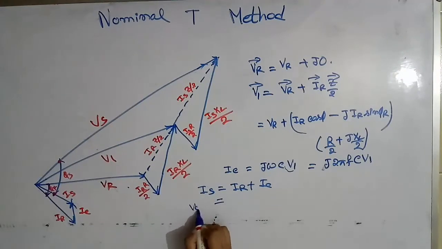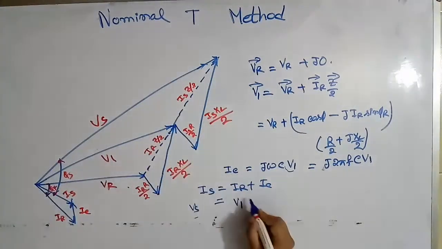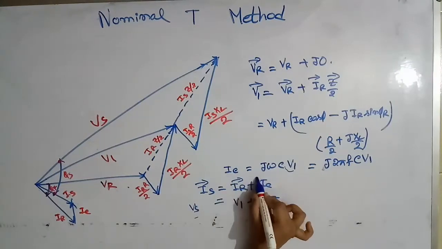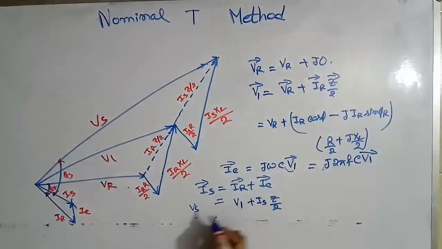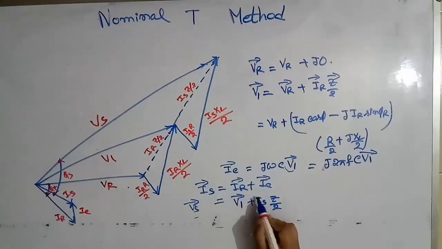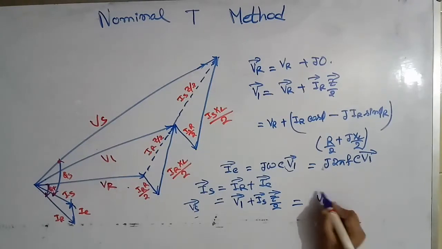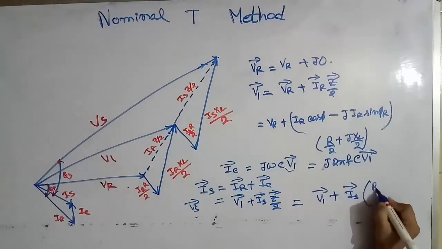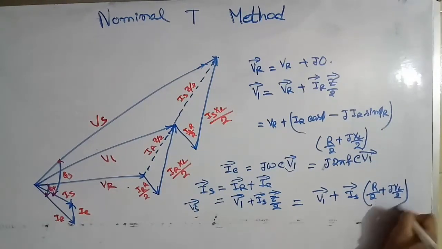And sending end voltage Vs equals V1 plus Is Z by 2. This equals V1 plus Is into R by 2 plus JXL by 2.